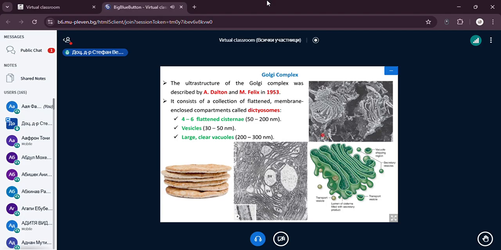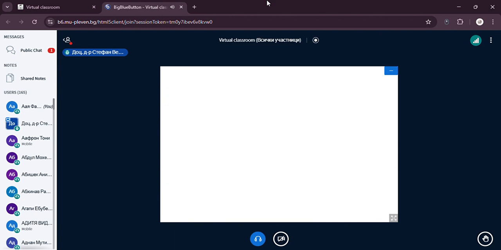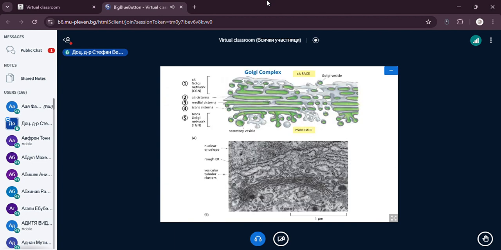And this is a scanning electron micrograph of a frozen section, and here we see a mitochondrion, a rough endoplasmic reticulum, and one dictyosome, again the flattened cisterns, the small vesicles which are budding from these cisterns, and larger vacuoles which are also budding from these cisterns. And that's the structure of the Golgi complex and dictyosomes.